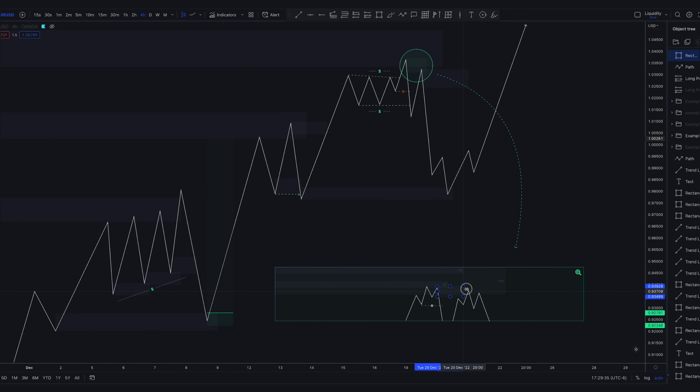This would be the fresh 1 minute supply, making a supply chain, right? A mitigation here, came back here. This was the extreme of this move. So it came here, respected this 1 minute again, correct? And gave you another 1 minute CHoCH here. And this would be your confirmation entry. And you could enter here.